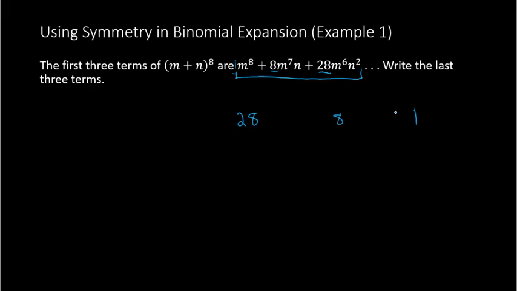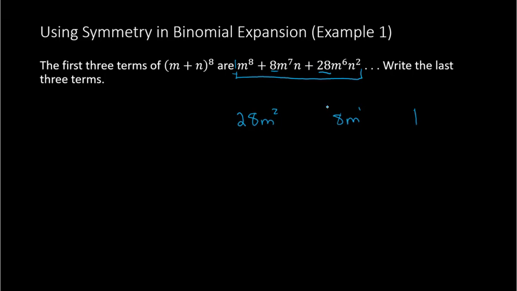All right, and now we need to figure out the variables. Well, we started with m to the 8th power, so it's going to decrease, right? 8, 7, 6, 5, 4, 3, 2, 1, and then 0. So this last term is going to have 0 m's, and then second to last will have 1 m, and then this one will have 2 m's.